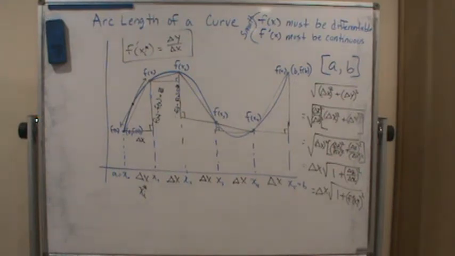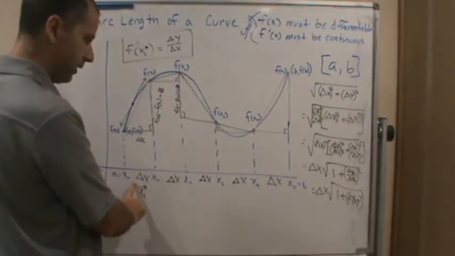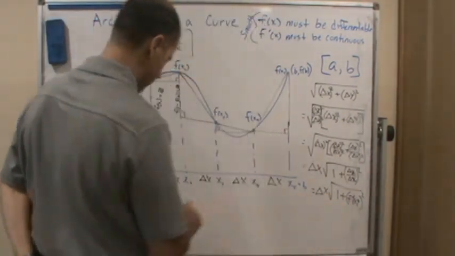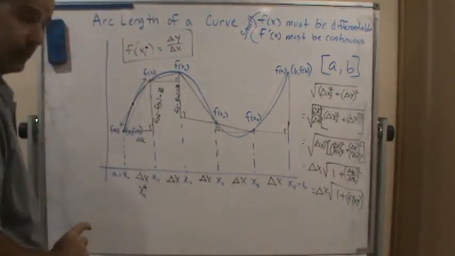So now let's add up all these lengths. We can figure this value out for each subinterval, and then add them up.